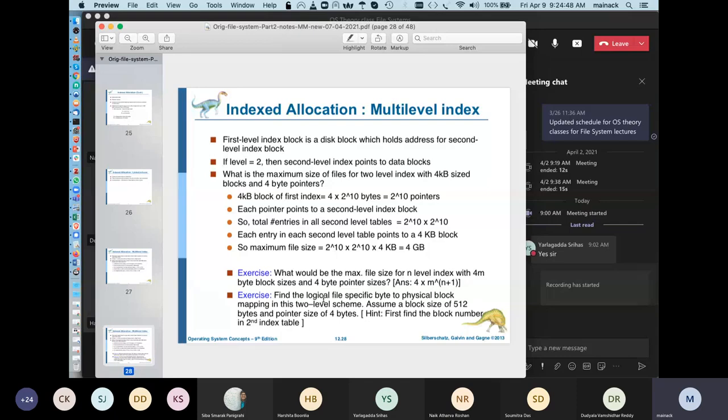So we want to access, say, the 928th byte of a file, some number. How do you translate that logical address of 928 to these block numbers, like what index in the first index table, what is in the second level index table, and finally what is the displacement into the data block itself.